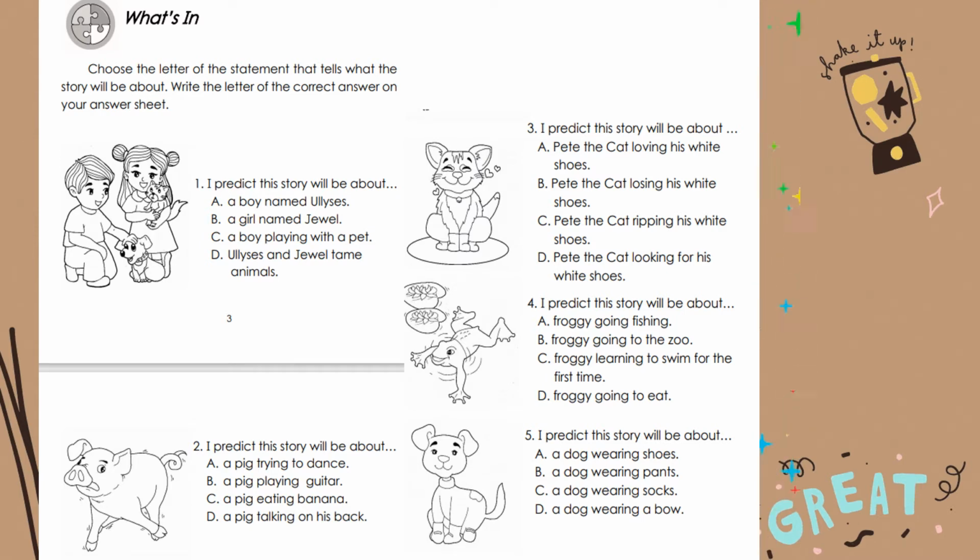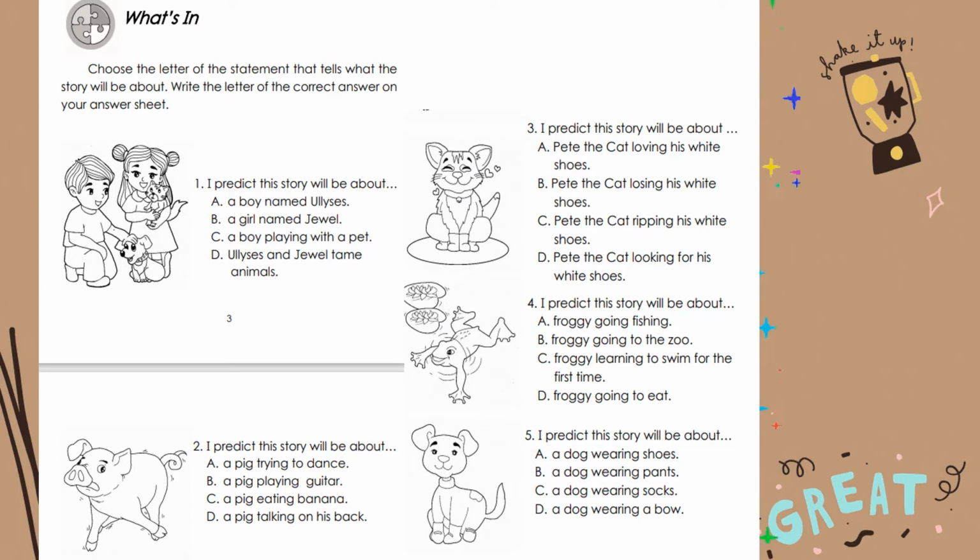Letter C, a boy playing with a pet. And letter D, Ulysses and Jewel tame animals. Number 2, I predict this story will be about: letter A, a pig trying to dance. Letter B, a pig playing guitar. Letter C, a pig eating banana. Letter D, a pig talking on his back.